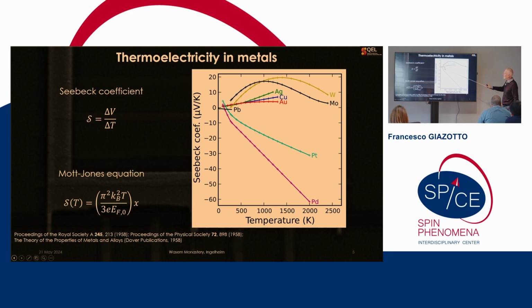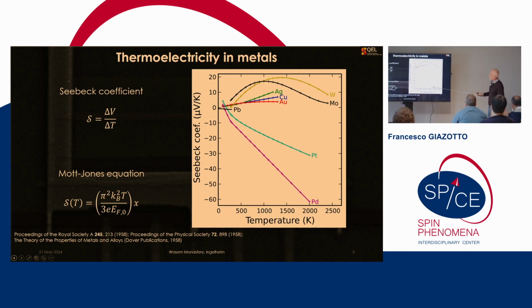And then to achieve a more sizable Seebeck effect, we need to go to very large temperature, thousands of Kelvin. So you understand already that metals are very poor in the sense of thermoelectricity, and even more if you go to lower temperature, as I will show you.